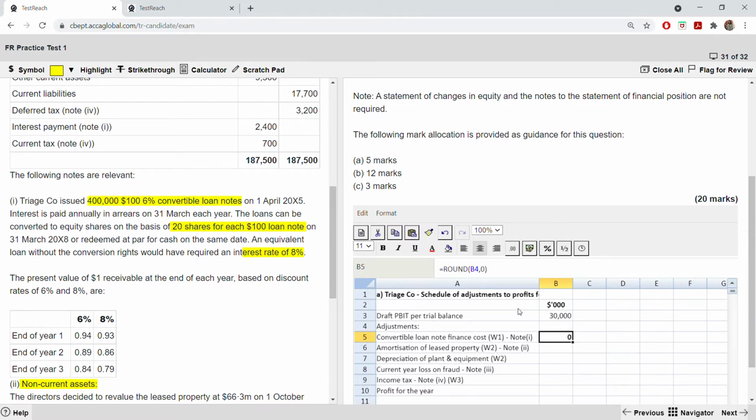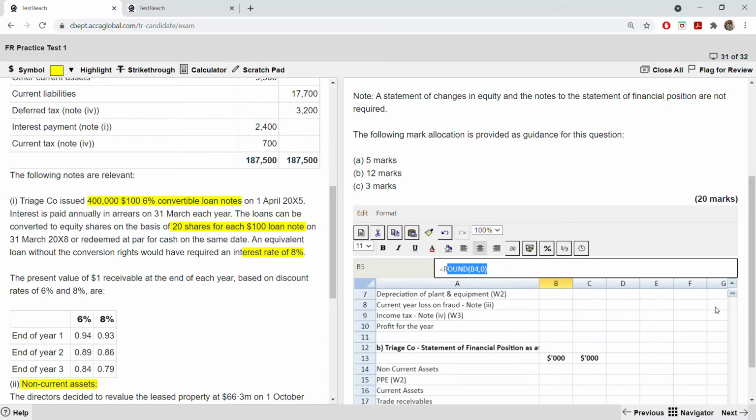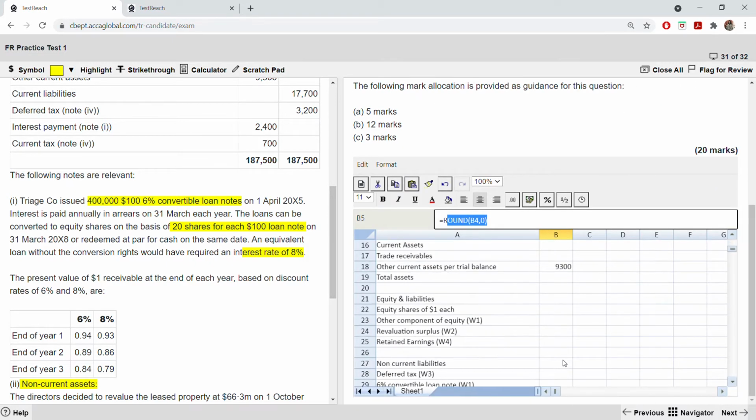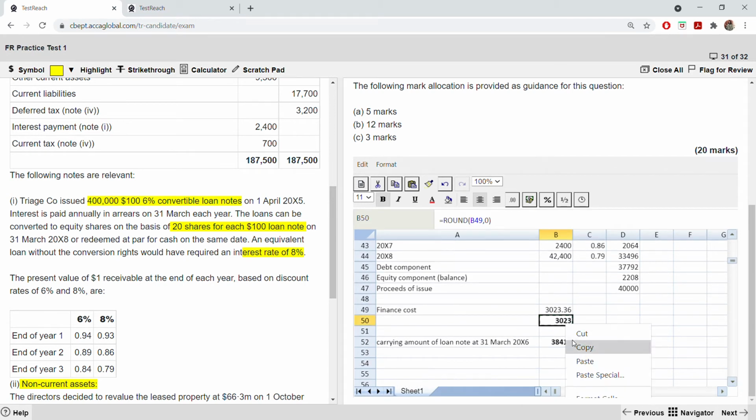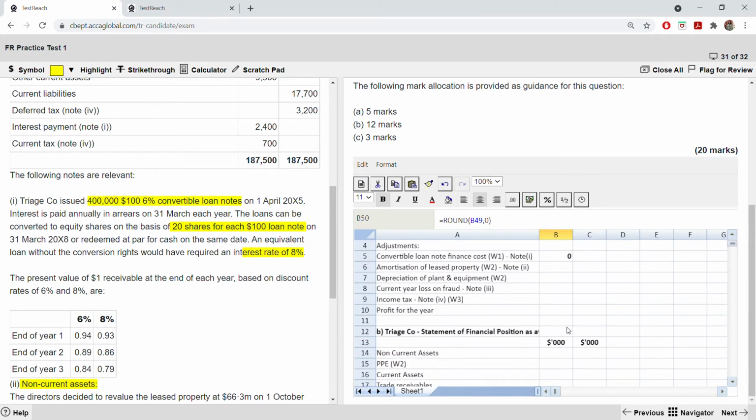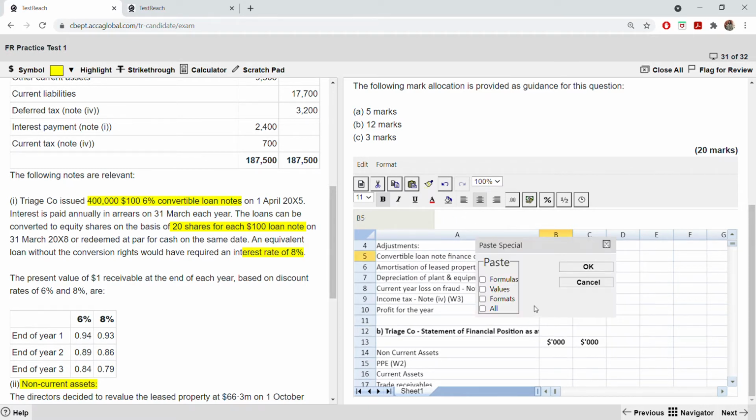Why is it pasted as 0? Because I have rounded and used a formula. Whenever a formula is used, this is how you have to copy it. When you paste, go to paste special and click on values. If you click on the formula, it will copy the formula itself, but I just want the value, okay? So you see the value has come here.